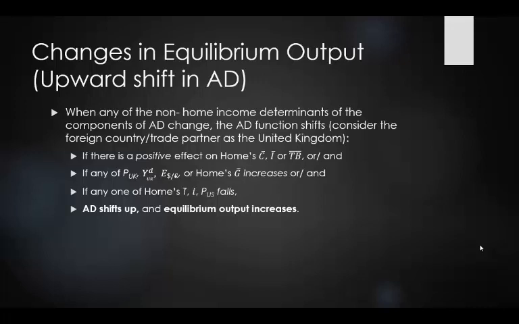Precisely, it will increase if there is a positive effect on the home's autonomous consumption, autonomous investment, or autonomous trade balance, and if government spending increases or its taxes are reduced, or if its interest rates fall or its prices fall. Output will also increase if the foreign trade partners' disposable incomes increase, foreign prices increase, or the nominal exchange rate in direct terms depreciates.